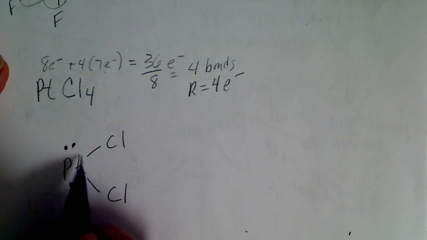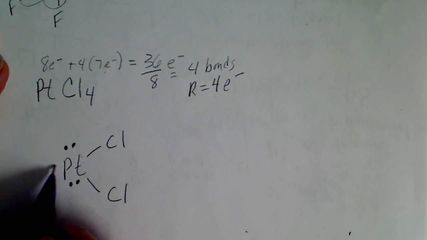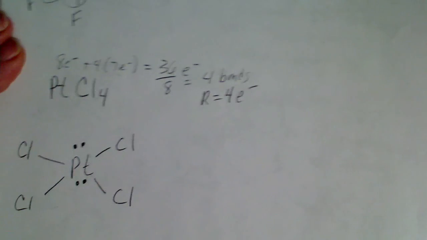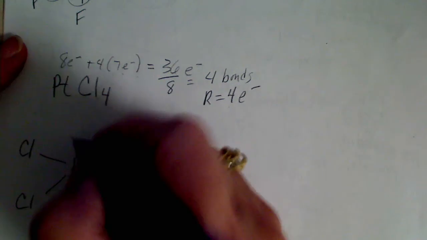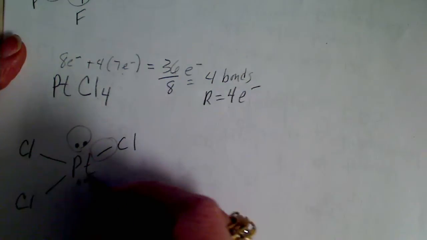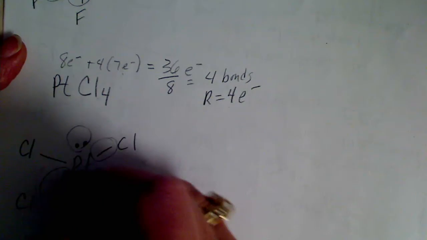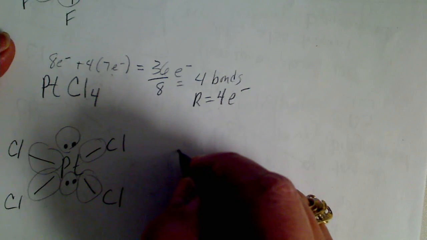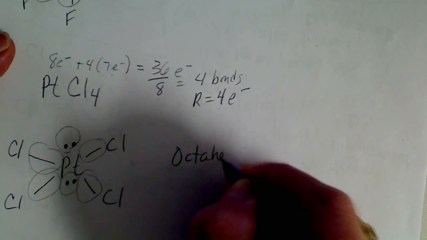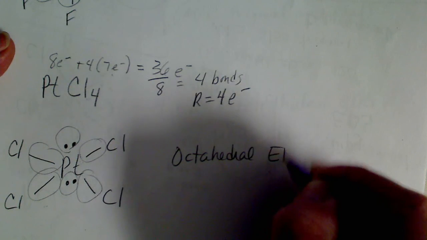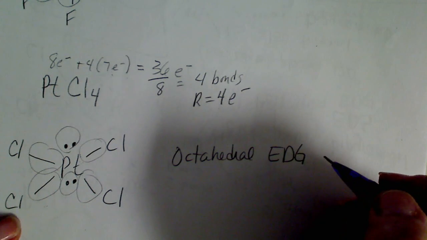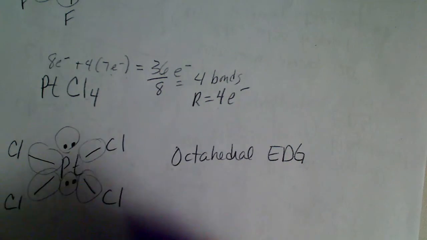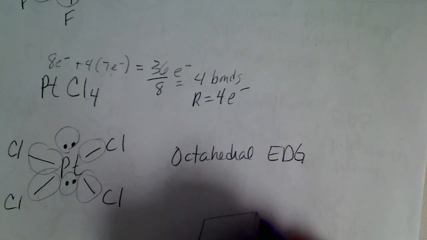Don't try to put them in between the atom and the lines, but distinctly draw those lone pairs so that when we count groups of electrons, we'll see 1, 2, 3, 4, 5, 6. So this again is octahedral electron domain geometry.